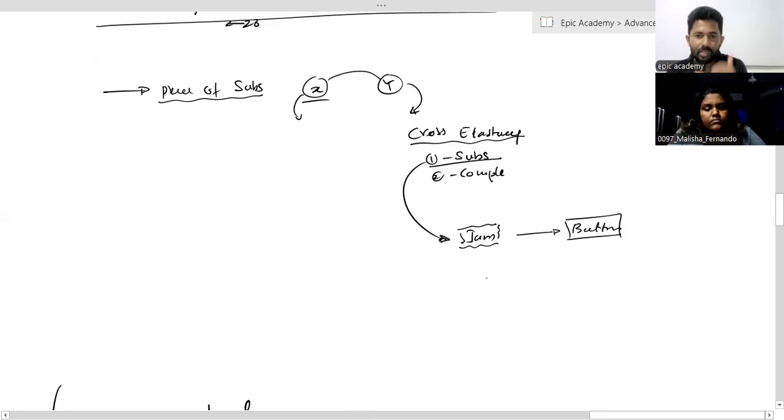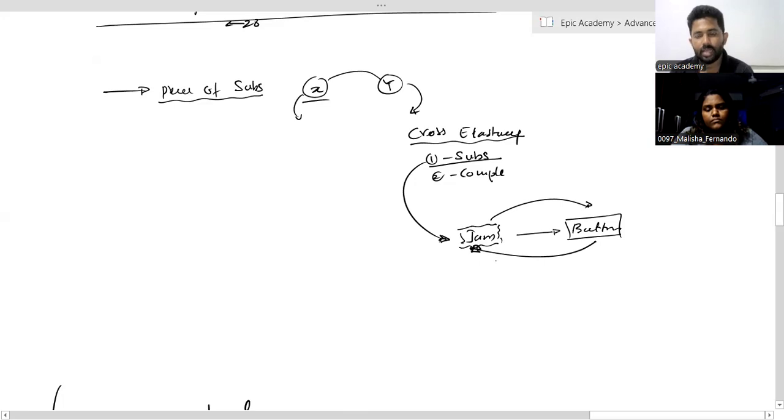The combination between jam and butter becomes substitutes. Because if there is no jam here, you can use butter for the jam. If there is no butter, you can use jam for the butter. So that is the meaning of substitutes.